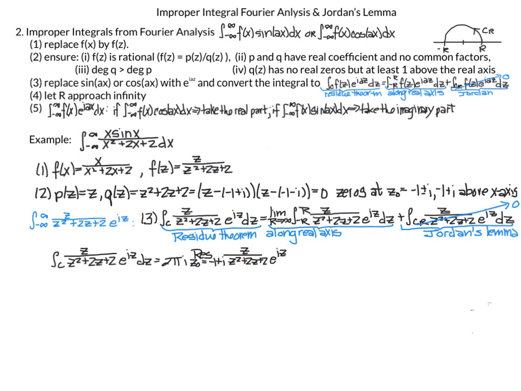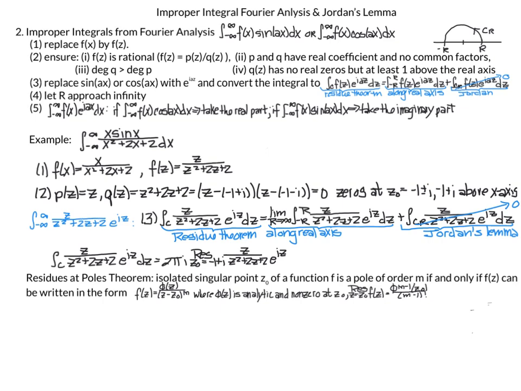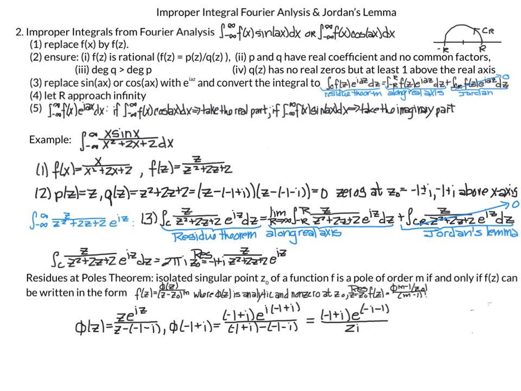I am going to use this same residue theorem: an isolated singular point z naught of a function is a pole of order m if and only if f of z can be written in the form phi of z over (z minus z naught) to the m, where phi of z is analytic and non-zero at z naught. Then the residue is equal to the (m minus 1)th derivative of phi evaluated at z naught, divided by (m minus 1) factorial.